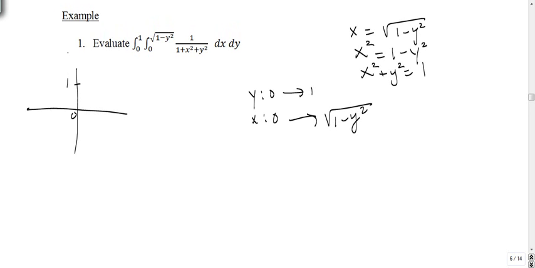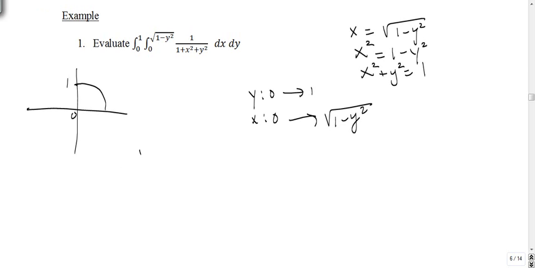X equals 0 is the y-axis, right? So therefore, it's horizontally simple. So it goes from x equals 0 to the circle, and it also tells you that y goes from 0 to 1. So you're looking at this only. So it's very essential that you draw this.